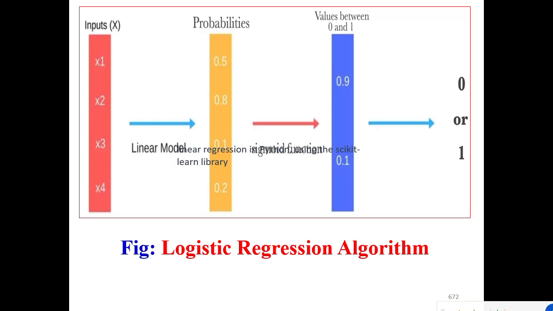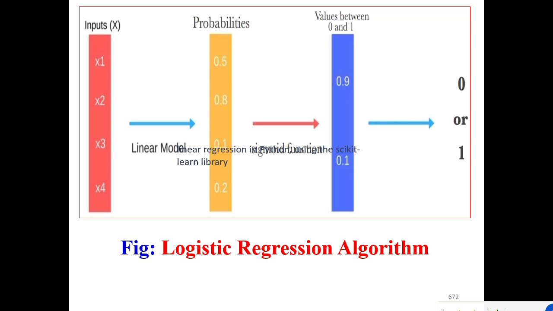If it falls below 1 the value will be 0, above 1 you can call it a 1. So every output value will be 0 or 1. That's why it is called a logistic regression algorithm.